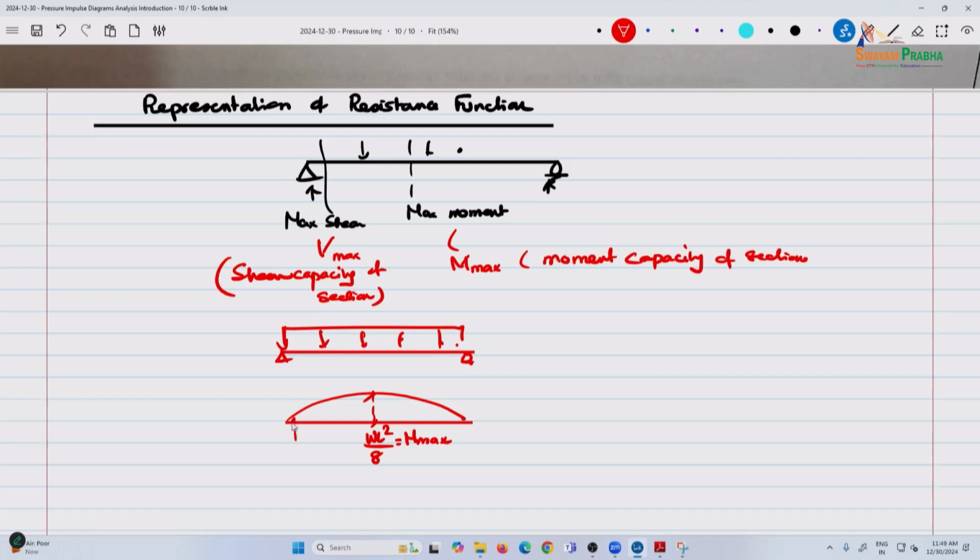So the actual moment is WL squared by 8, but when we put an equivalence to it and represent this, it is not exactly like a point load.